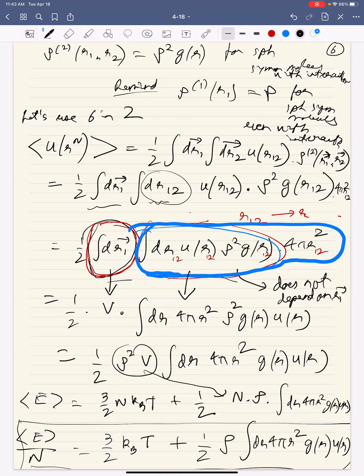So why is this equation useful? You will see the use for this when we do statistical mechanics perturbation theory. But otherwise, you can also see why it's useful. Let's say you are running a computational chemistry lab, and you can measure g of r using some scattering experiments, right?